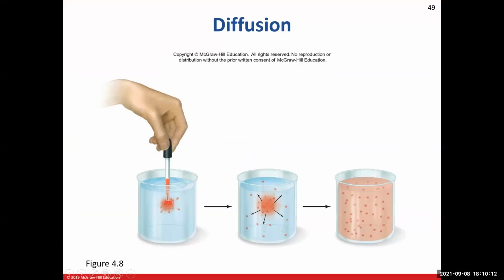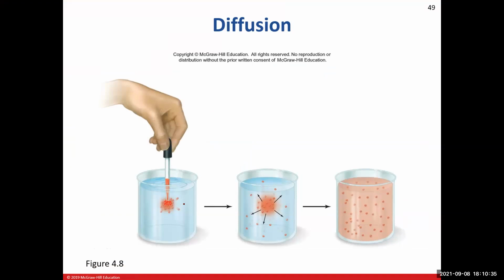We were talking about some of our passive processes, and we started talking about diffusion. Diffusion is the movement of solutes from an area of high concentration to an area of lesser or low concentration. And that's what we're seeing here in this picture, right?